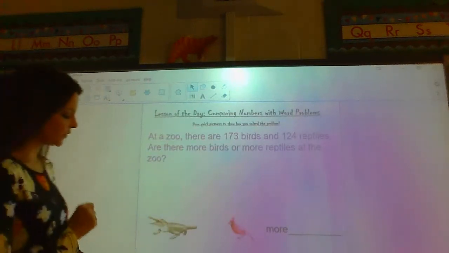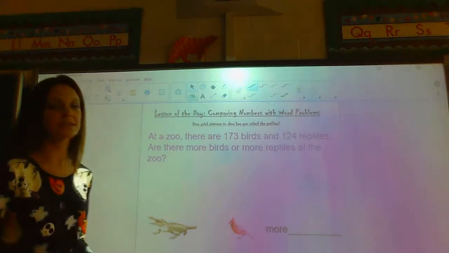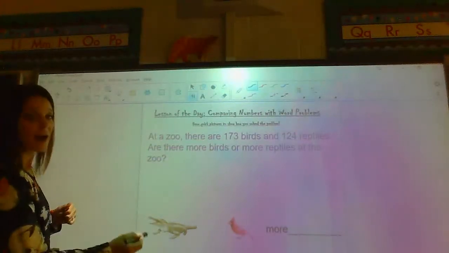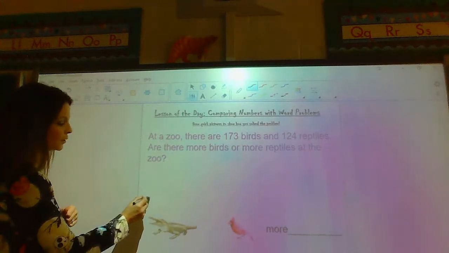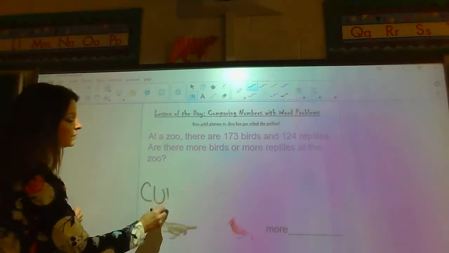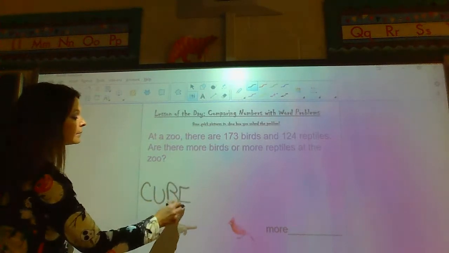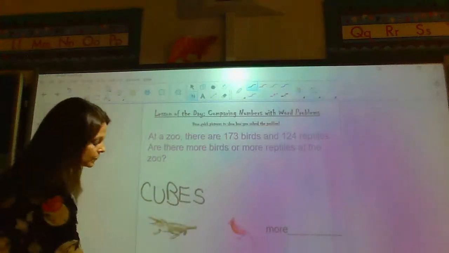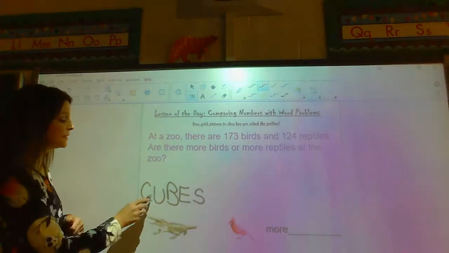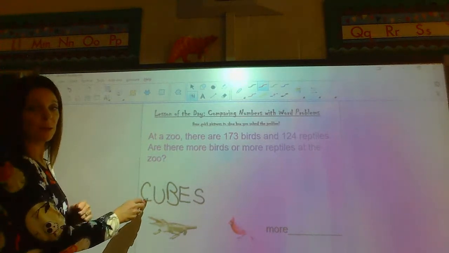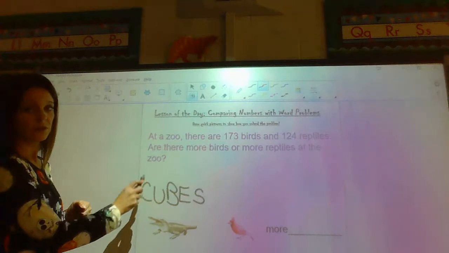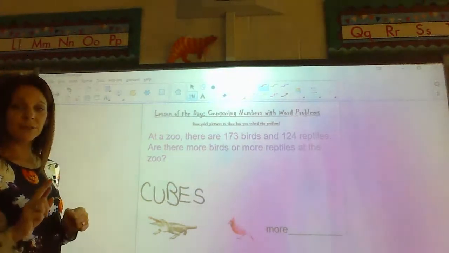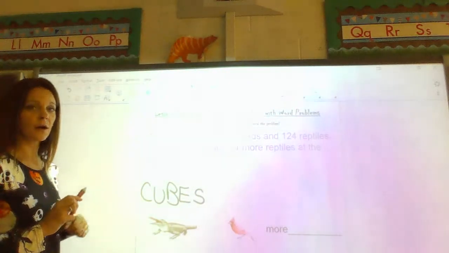So the first thing I want to do when I see a word problem is I'm going to write my word cubes. Well, when I see my C, it reminds me I carefully read my problem 2 times. So I will read it the first time. You follow along.